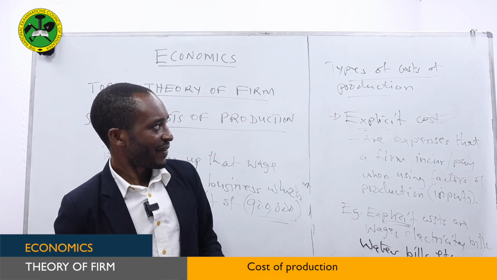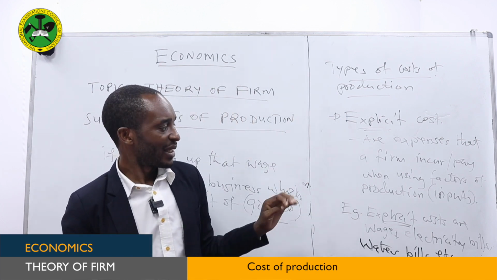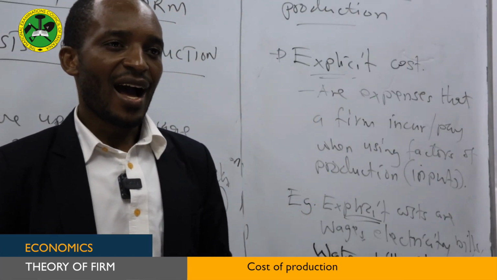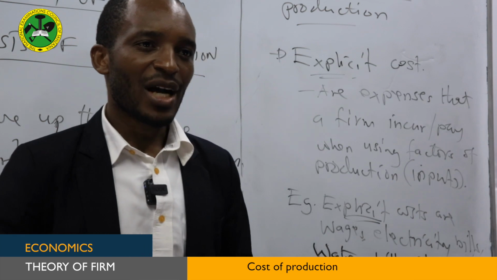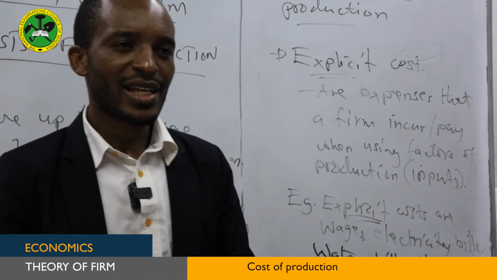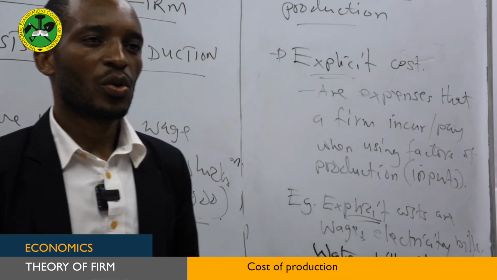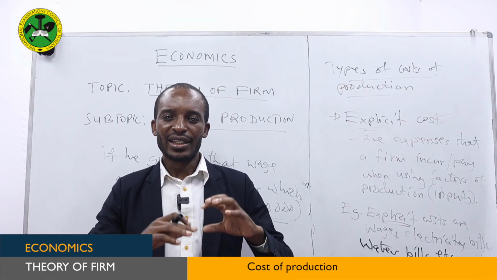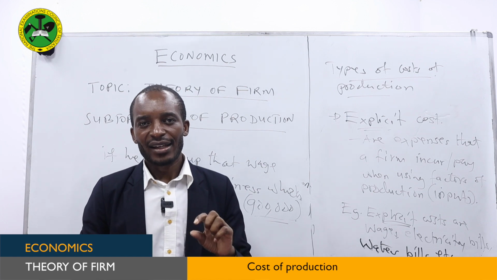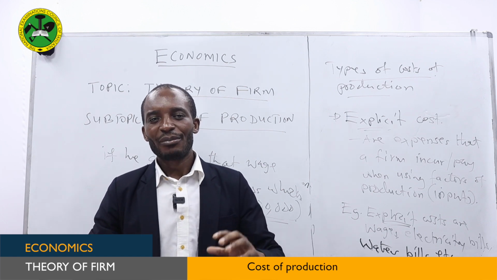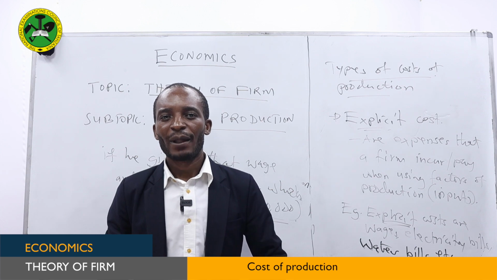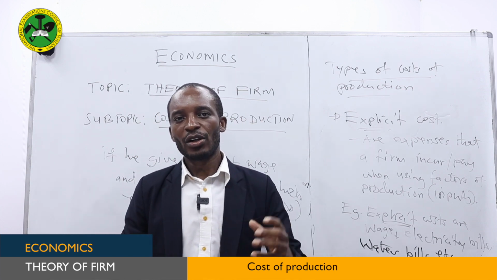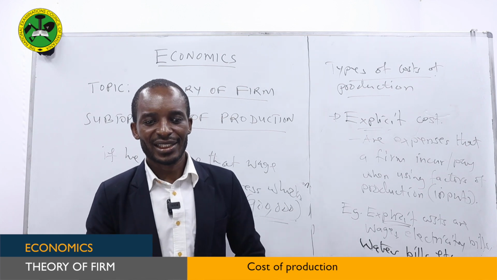So we can see the difference between explicit cost and implicit cost. Explicit costs are actual payments or actual money that a firm or a businessman pays due to the using of factors of production, while implicit costs are the benefits that a firm gives up or ignores in order to conduct another activity.